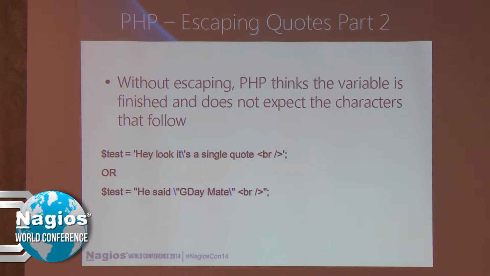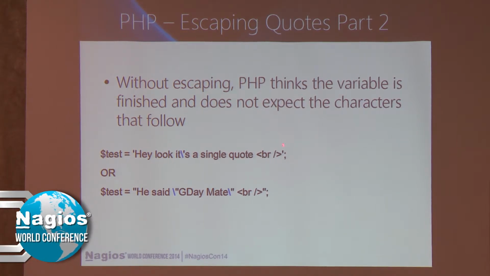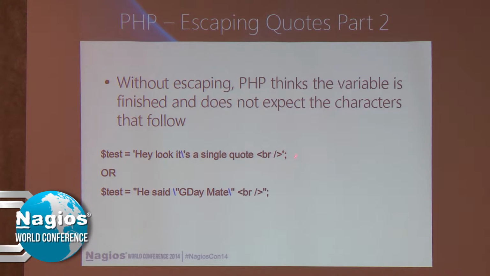Before, when I escaped the quotes, the reason why is PHP thinks the variable is finished and does not expect the next character that it sees. Normally here you have a single quote and then you would finish with a single quote, so it knows the next character is going to be the semicolon which ends the line. But in this example, if it hit this here and there wasn't a semicolon next, it would chuck a wobbly, and it doesn't work.